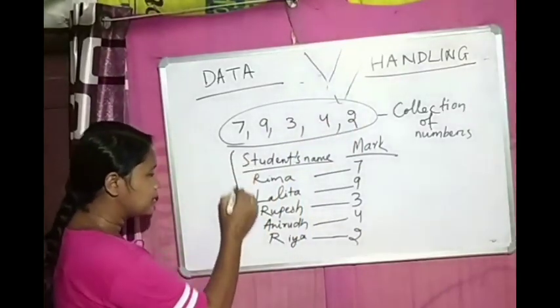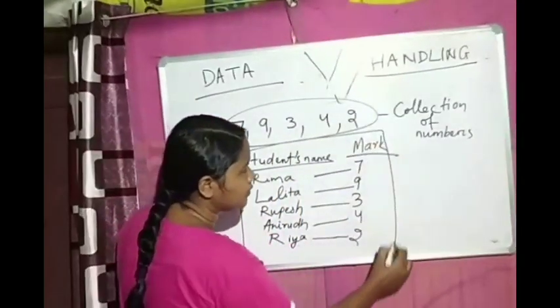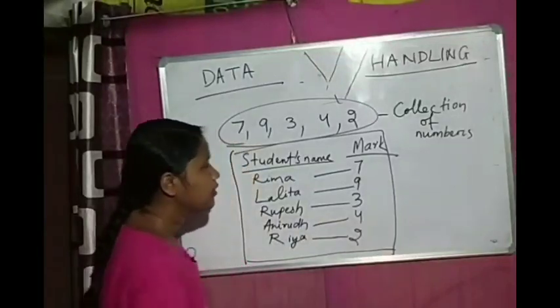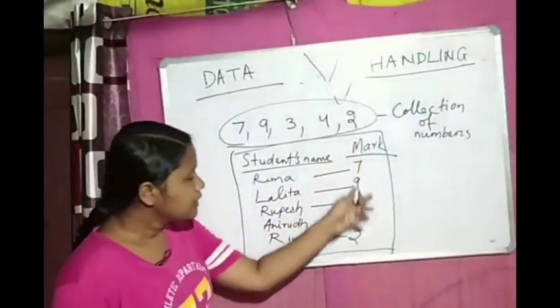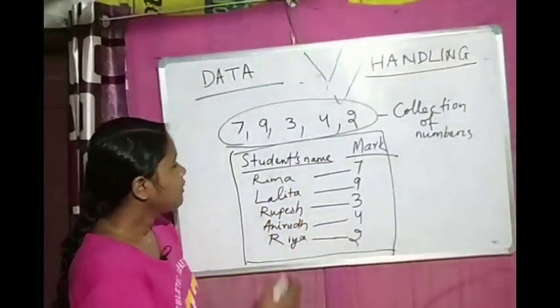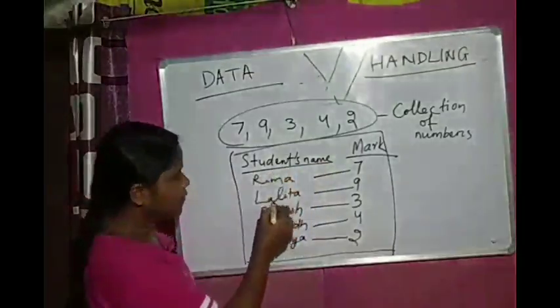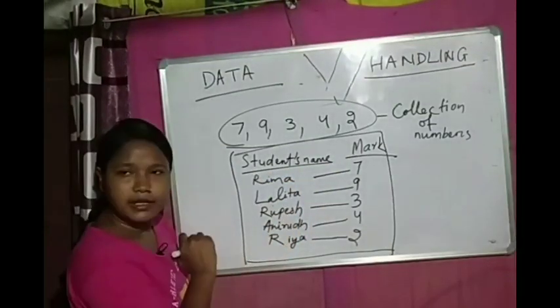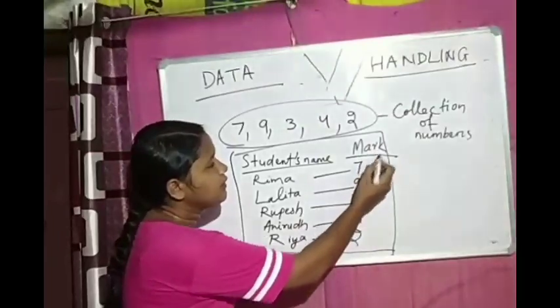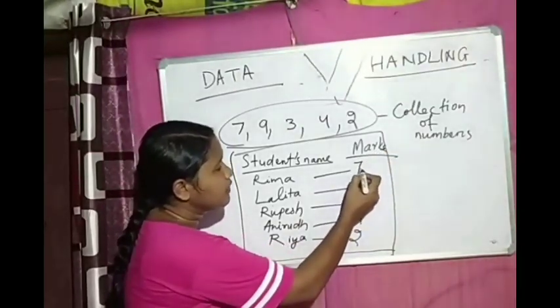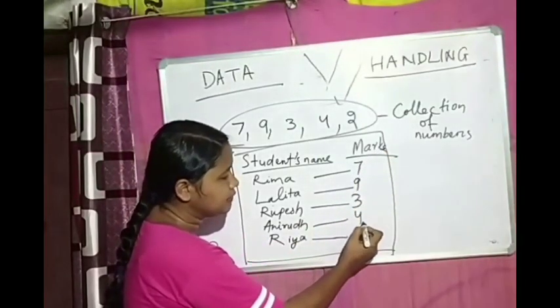But look at this table. Here we have collected these numbers too. We have written students' names: Rima, Lalita, Rupesh, Anirudh, Riya, and the marks obtained by them: 7, 9, 3, 4, 2.